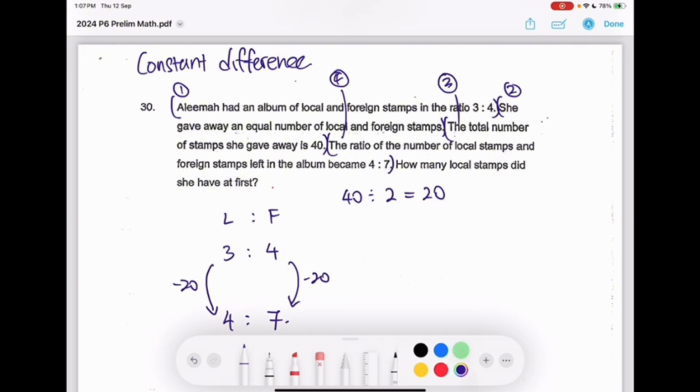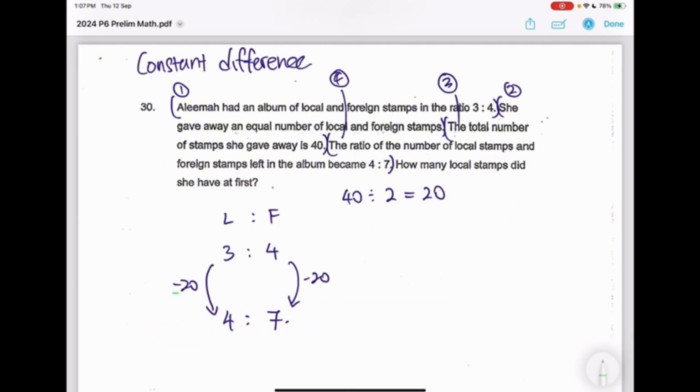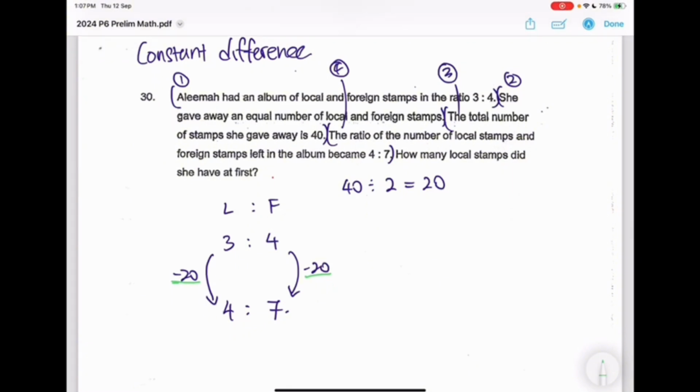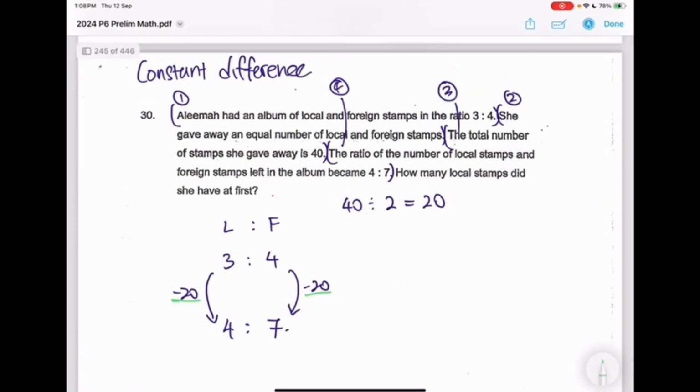If you realize, both sides are minus. We have minus on this side, we have minus on that side. So when that is the case, the difference between local and foreign remains the same. Whenever we are faced with a constant difference question, we want to fix our eyes on the difference.